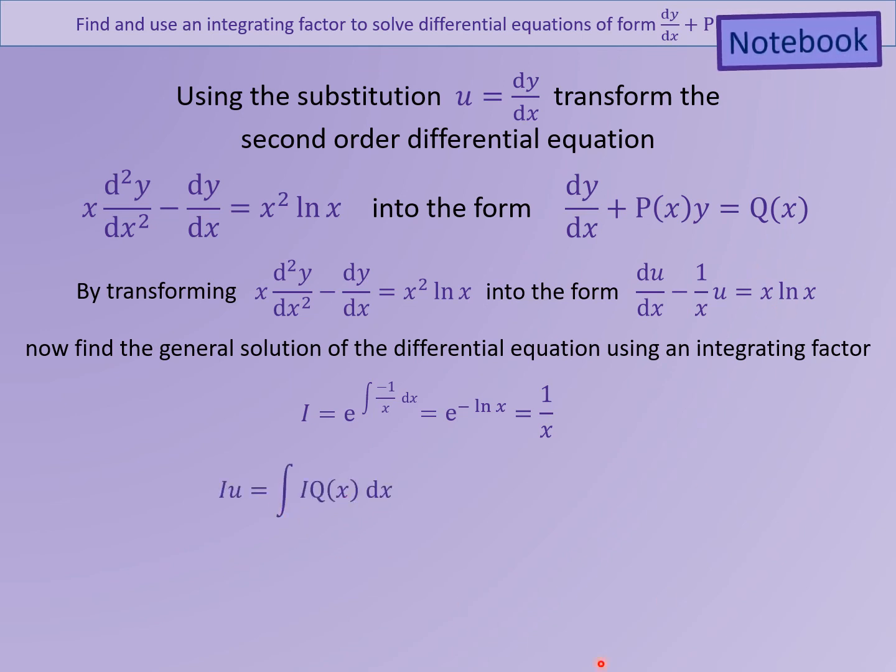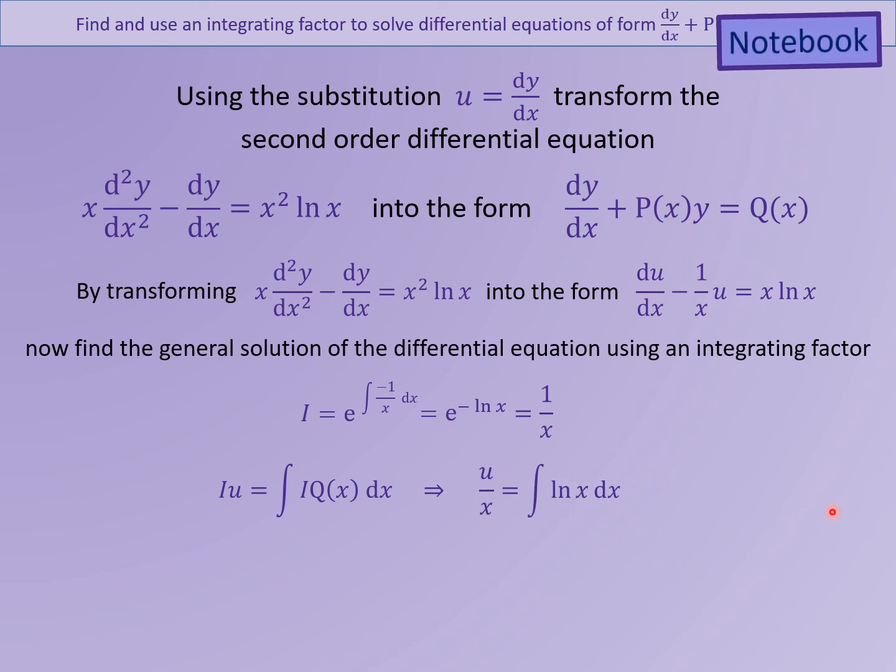So there's the first bit. I know this part now is going to go to 1 over x times, I said y because I was talking about this one, but of course in this case it's u. Now I've done the substitution. So I've got u over x. This side I've multiplied by 1 over x, x ln x. So these two are going to cancel out. Okay, so the integrating factor times this is going to cancel out, leaving me rather irritatingly just the integration of ln x.